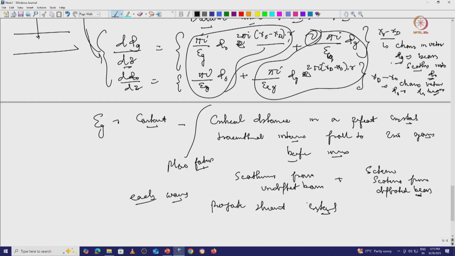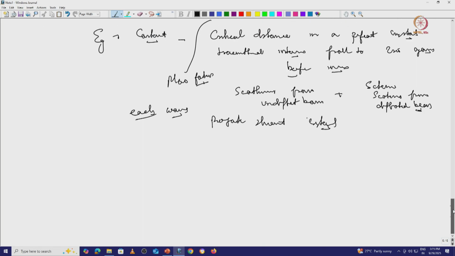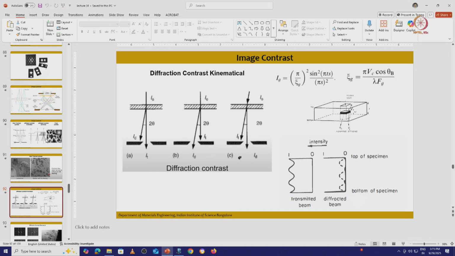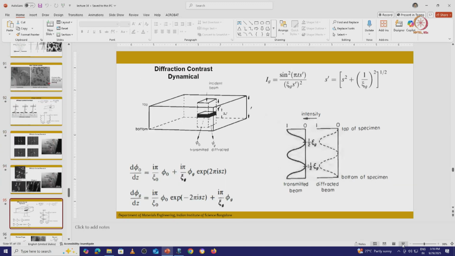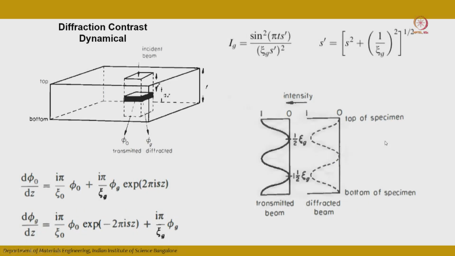Okay. So based on the equation, these are the two equations, and I have shown the solution of these two equations. Phi g, the I g intensity, is a function of sine square and also the thickness.